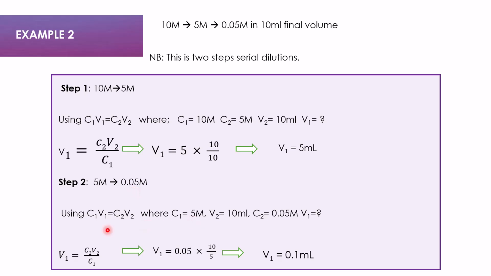Making V1 the subject, we have V1 to be C2 V2 all divided by C1, and substituting these values into this equation, we have V1 equal to 0.1 mils.